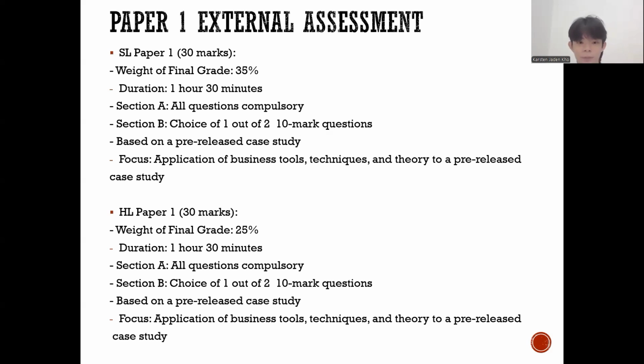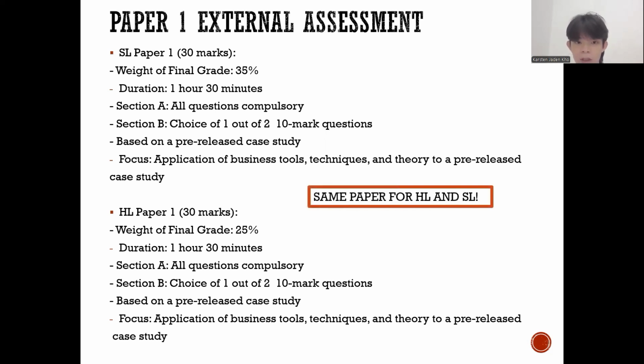For section A, all questions are compulsory, while in section B, there are two 10-mark questions, where students are expected to choose one and answer it. The paper, once again, is the same for HL and SL.